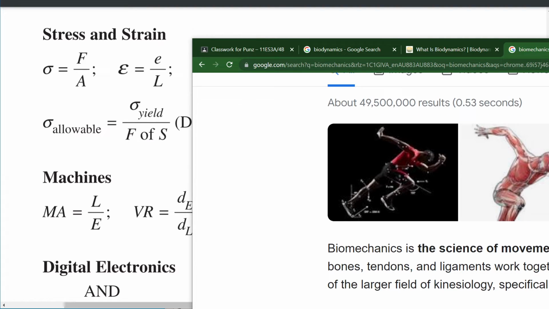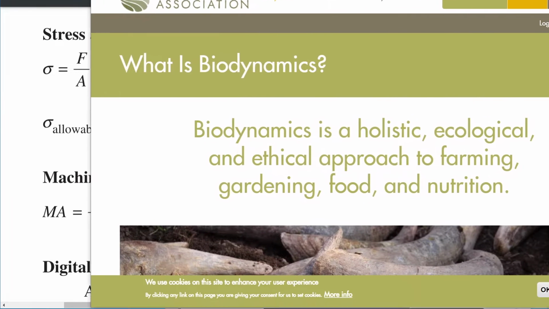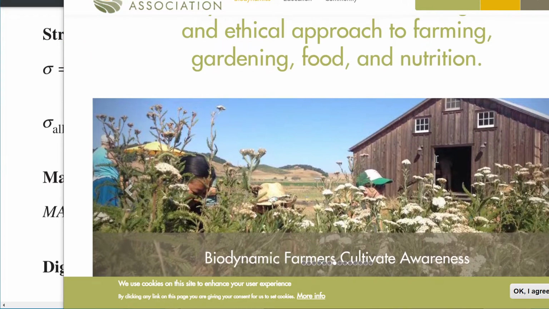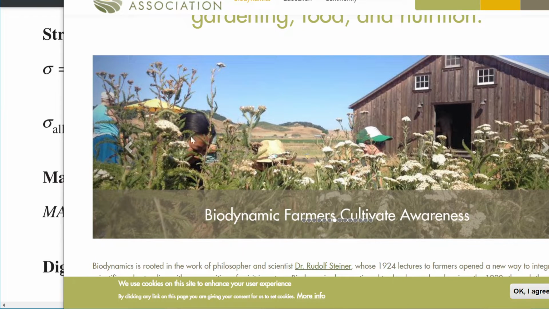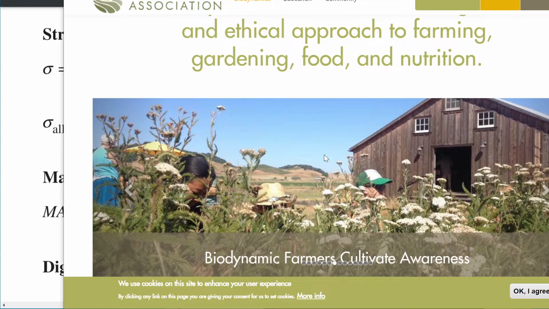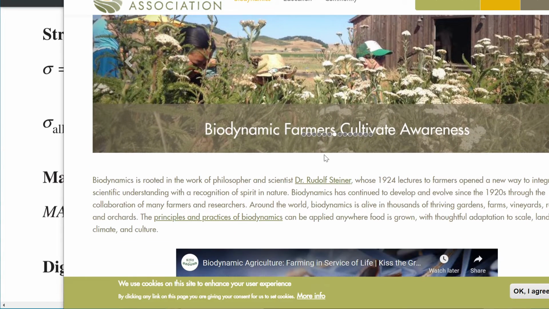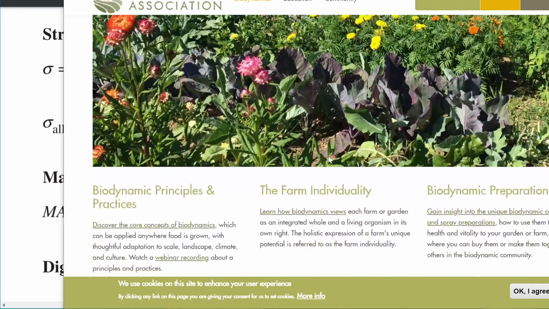Okay, so biomechanics. Dynamics is generally what we call moving forces, right? As a civil engineer, I only ever learned statics, I never learned dynamics. There is this thing called biodynamics, which is hilarious. It's all about burying. If you want your wine to taste good, what some people think you need to do is take a cow's horn or an ox horn and fill it with blood and manure, and then bury it under the full moon, and it'll make your plants taste better.